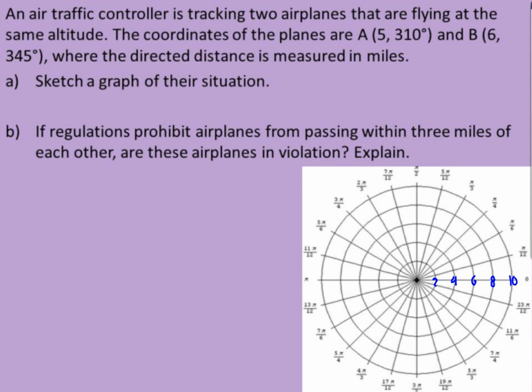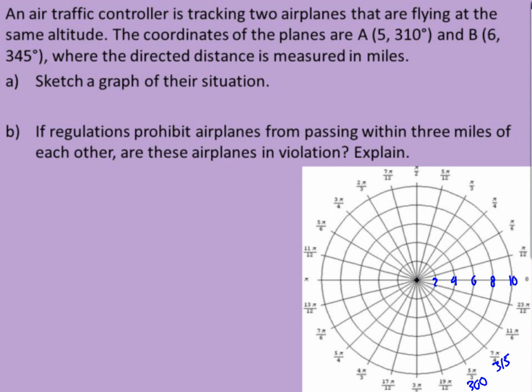Our first point is at 5 and 310 degrees. 310 degrees is not going to be exactly on any of the lines. 310 degrees falls between 5 pi over 3 and 7 pi over 4, because 5 pi over 3 is 300 degrees, and 7 pi over 4 is 315 degrees.